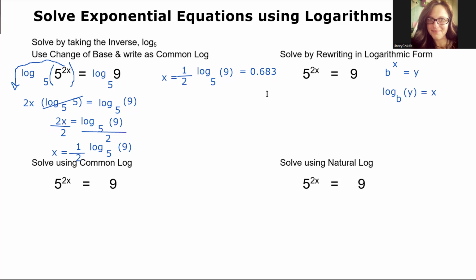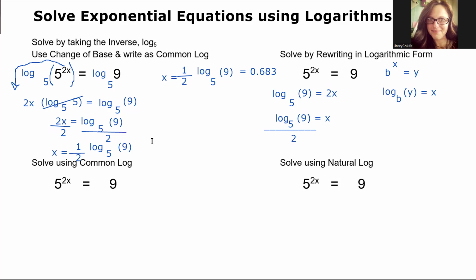So I could just rewrite this as log base 5 of 9 is equal to the exponent 2x, and then divide by 2, and we get the same solution that we had before. So kind of cutting out the middleman of using inverse operations. So depending on what you're looking for.